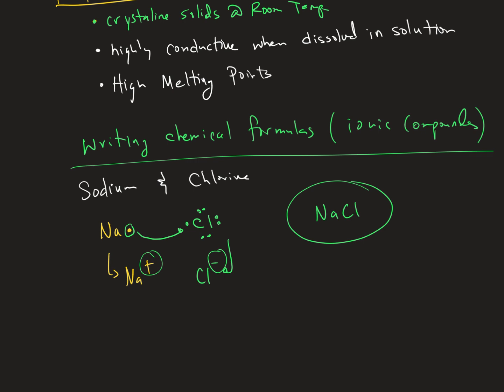Now, we kind of talked about this. I'm not sure if everybody was here, so I'm going to say it again. Sodium is very reactive. Chlorine is very reactive. Now, why? So we said alkali metals are the most reactive metals on the periodic table. Why is that? Because it's so close to the noble gases.